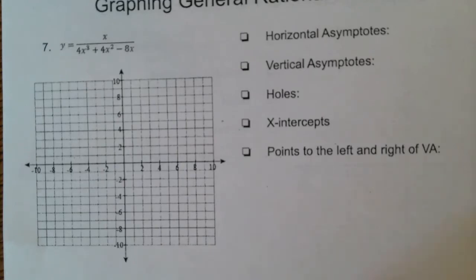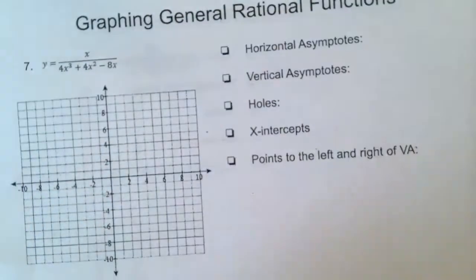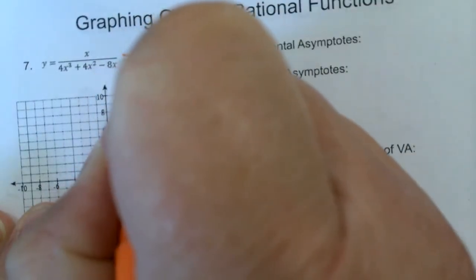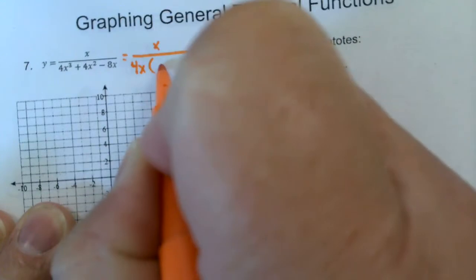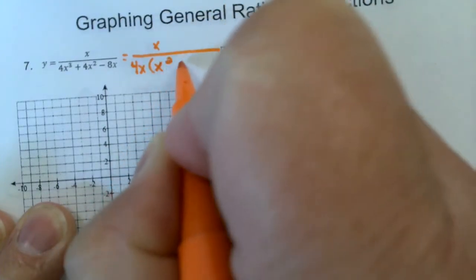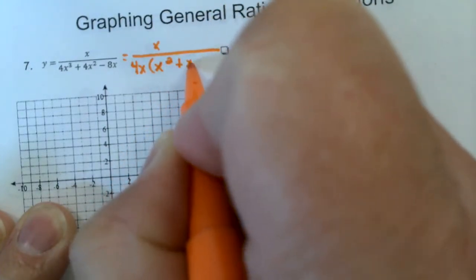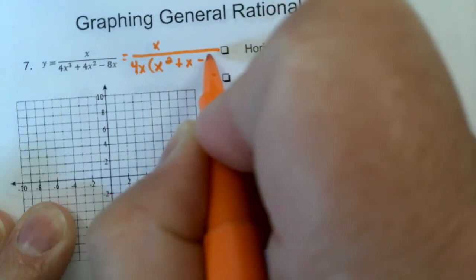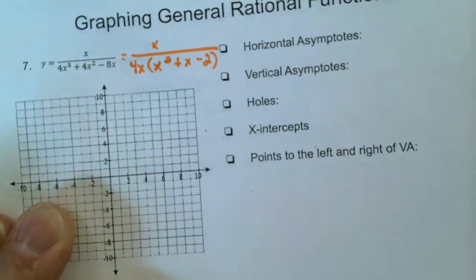Okay, one more example. Again, if we factor, we have x divided by 4x, which is my greatest common factor. That leaves me with x squared plus x minus 2.